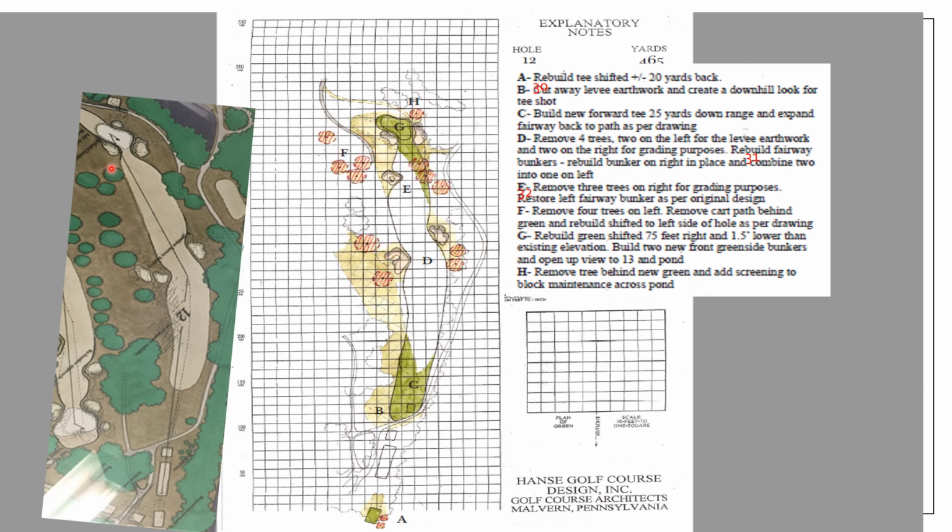So 12, which currently just sits, you know, the pond's there if you play the golf course and you think about it, but you don't know it when you're playing it. And the idea, I think, is to get it much closer to our watershed and to play where this right side is very perilous.